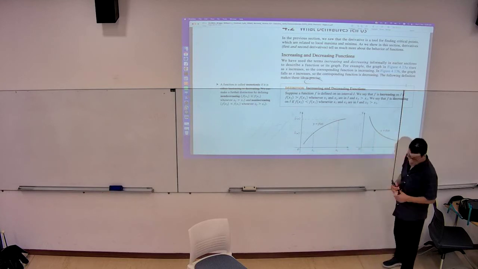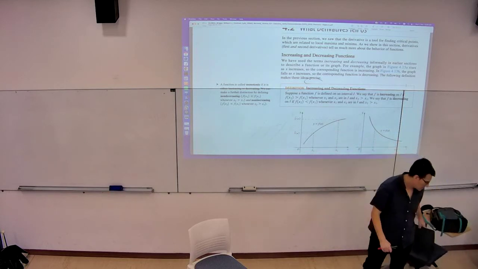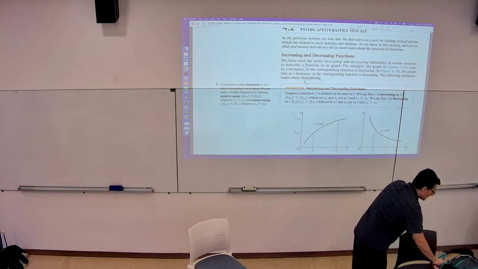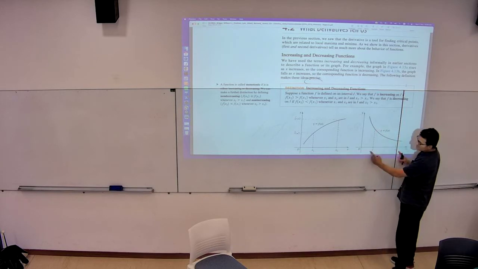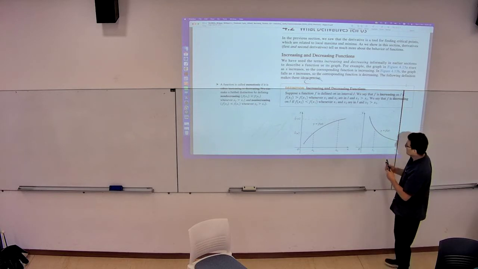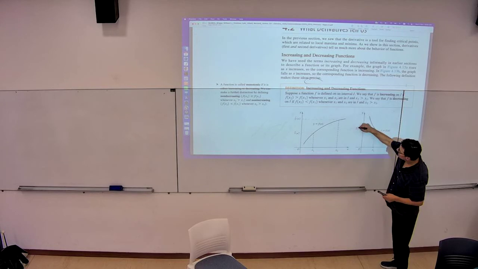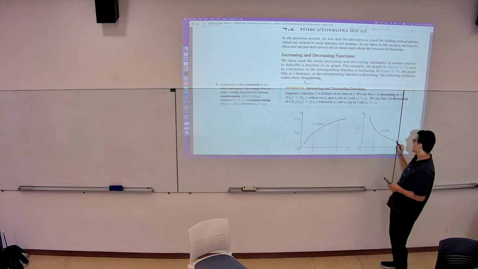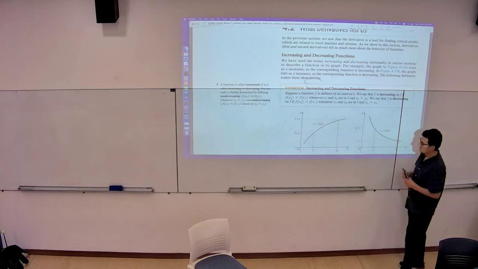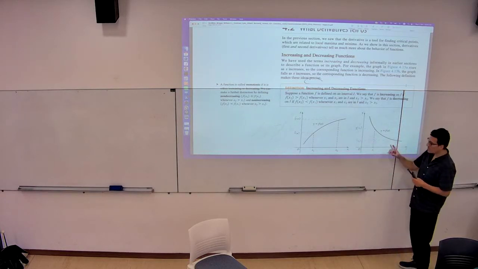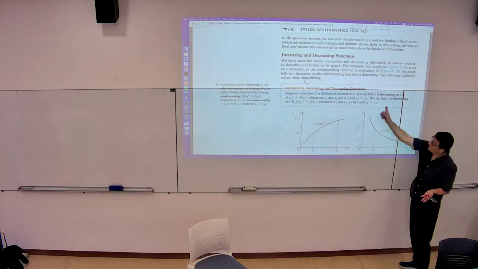Now, if the opposite happens, let me get rid of this table, so within the same interval you choose x2 greater than x1, so x1 less than x2, but now f of x1 is greater than f of x2, then the function is decreasing.